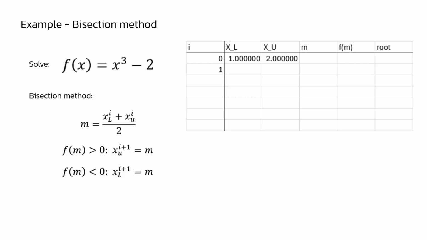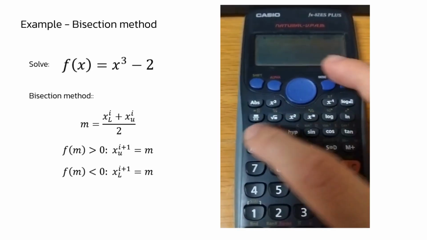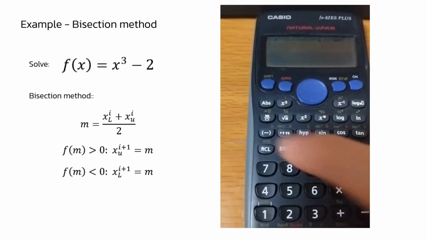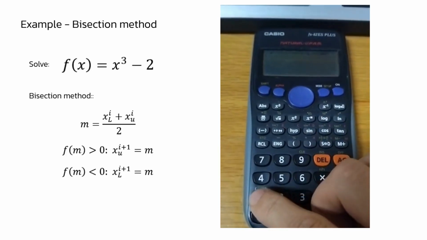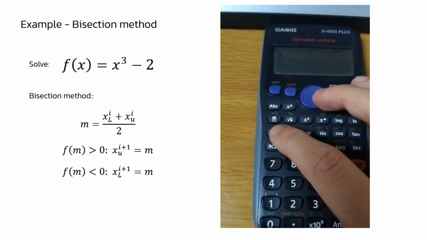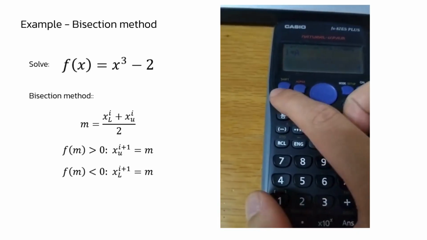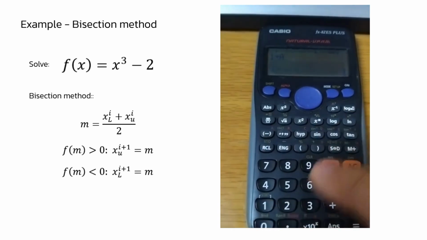Now I want to show you how to use the calculator efficiently to make the iterations. First you want to store your xl as A and xu as B. So in this case, we want to store 1 to A. Press 1, shift, store, and press the variable that you want to store.